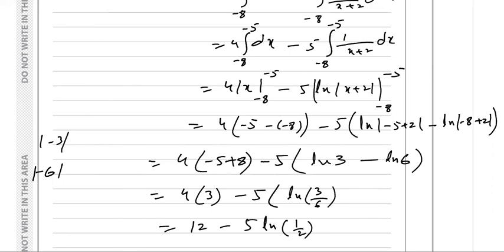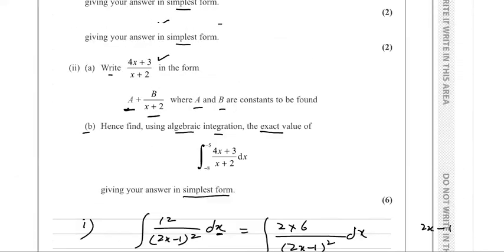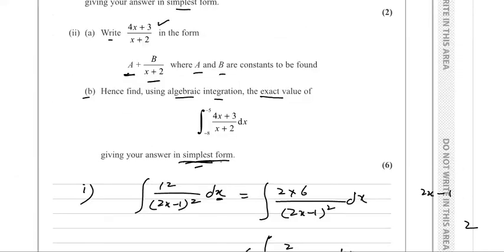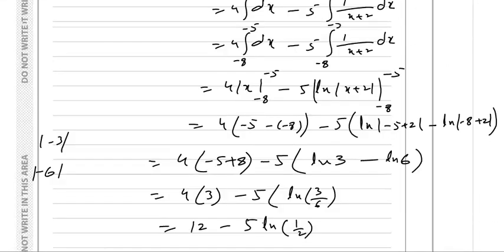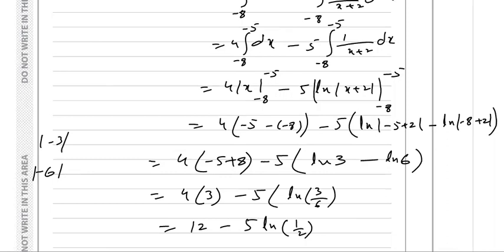Okay, so you can leave it in this form because there is no restriction for that. In the simplest form you have to write. So we wrote it in the simplest form. That is the required answer that we have.